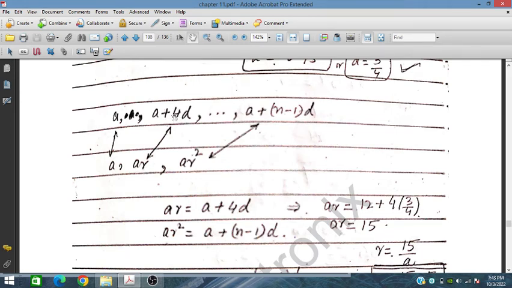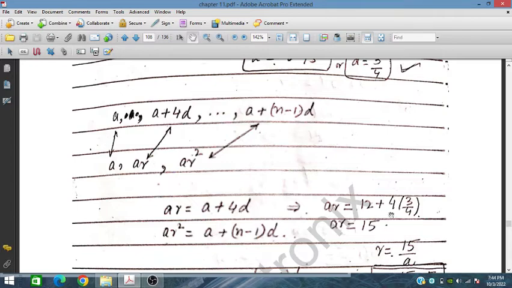The fifth term of the arithmetic progression corresponds to the second term of the geometric progression, and the nth term of the arithmetic progression corresponds to the third term of the geometric progression. This information is given in the problem. So by using this information, we have ar is equal to a plus 4d, and ar squared is equal to a plus (n minus 1)d.